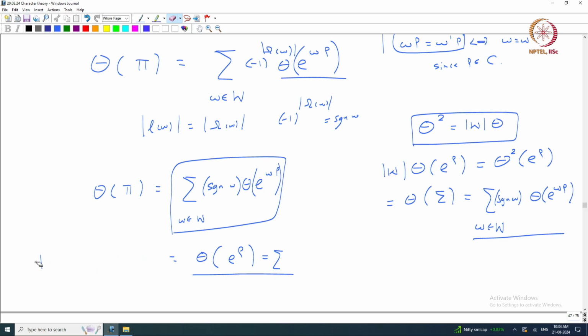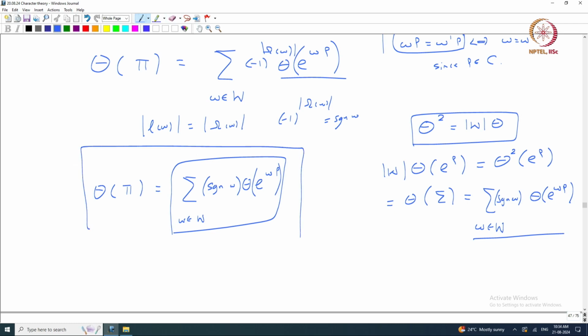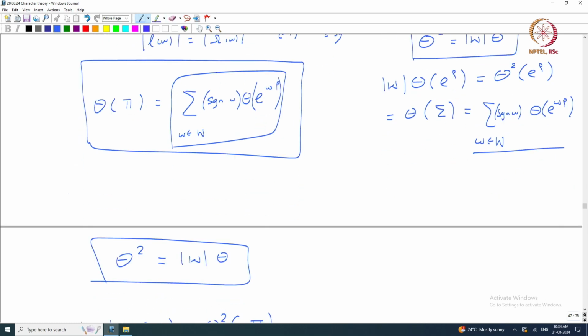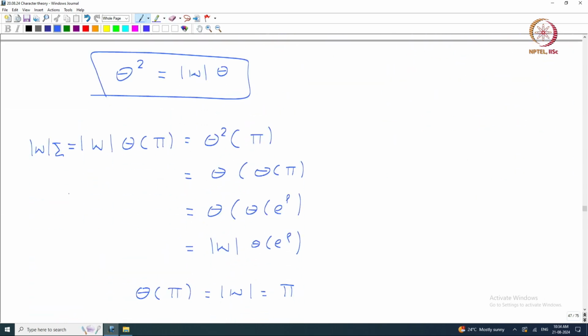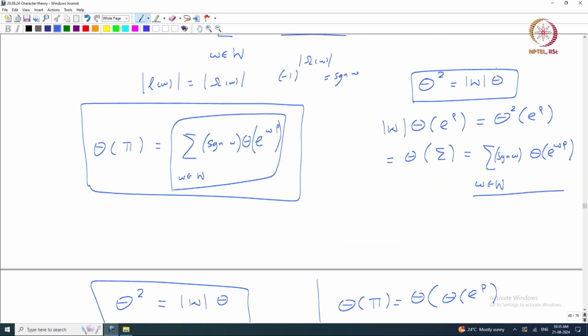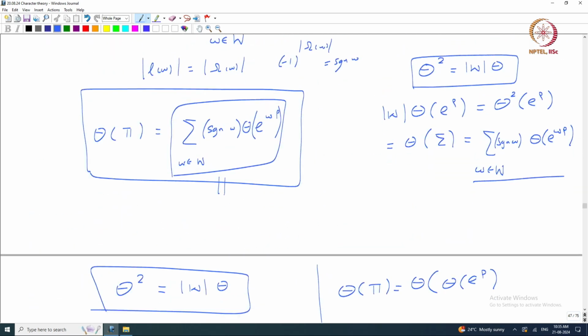If you just go back to this, you already have this. Now let us put them together. Let us do it here again. Theta of pi is nothing but theta of e power rho, because that is what this thing says.